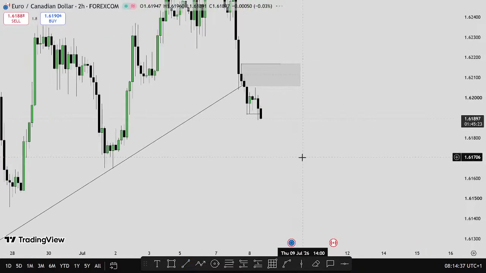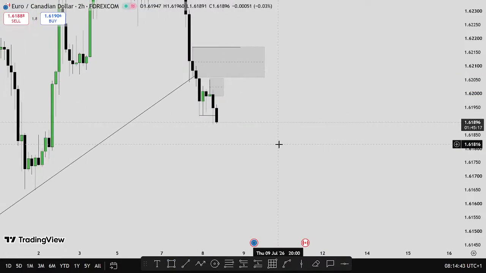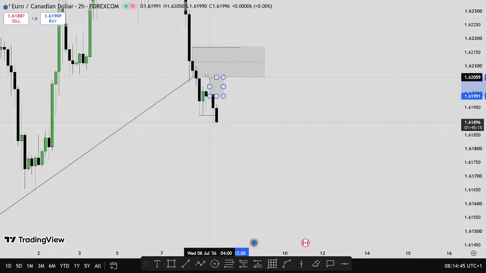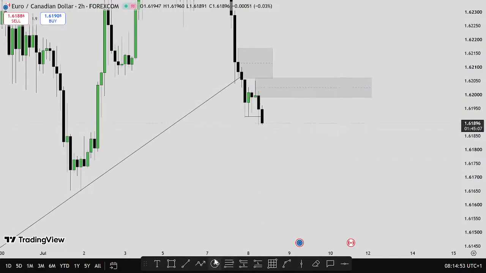So I'll go to maybe the 2-hour time frame. There's a POI here. There's a POI here. So I'll just wait for how price is going to behave on these levels. When price comes back into this POI like this, I'll take a sell to the downside. You get?